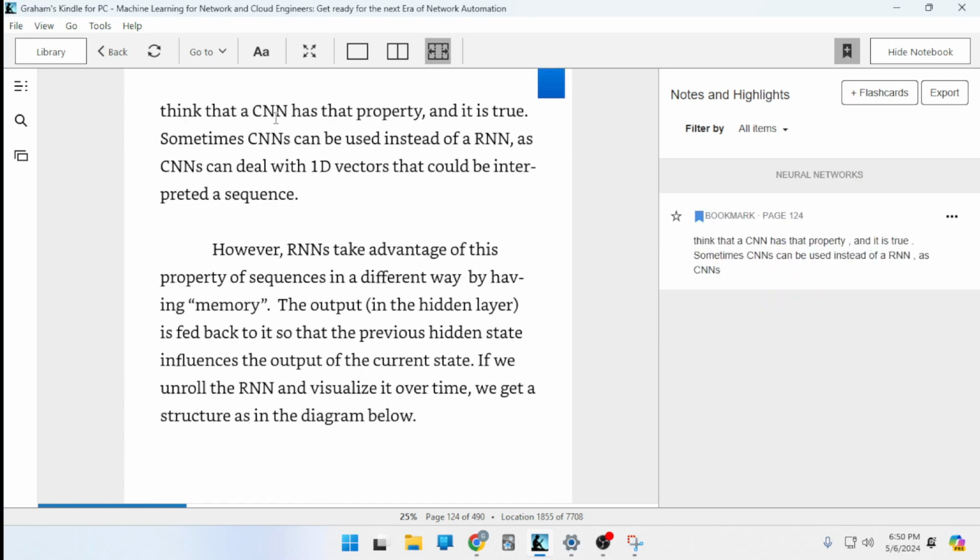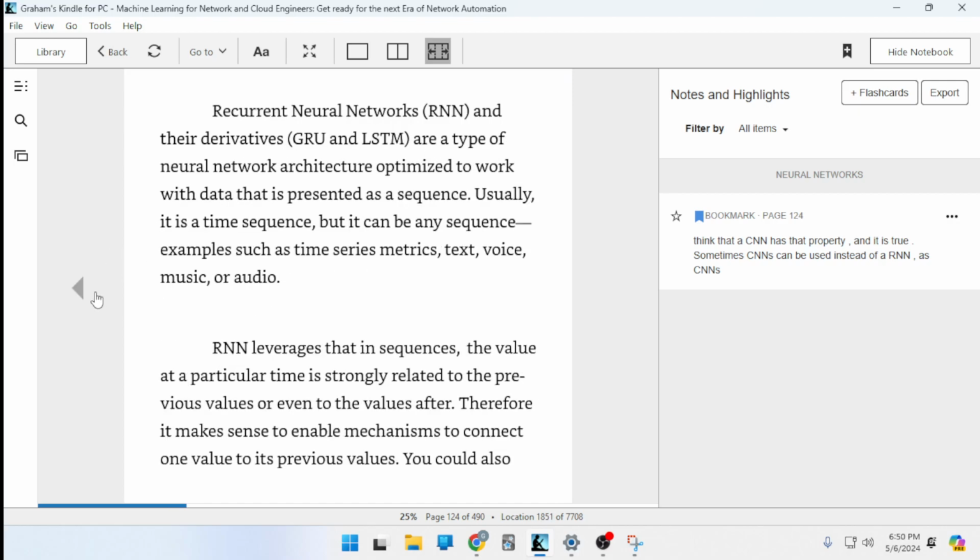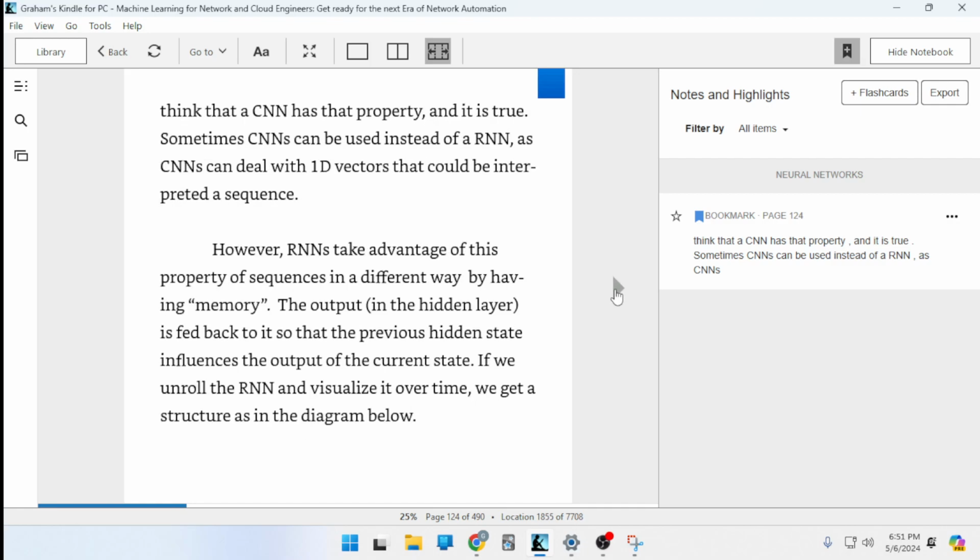You could also think that a CNN, which is a convolutional neural network, has that property, and it is true. Sometimes CNNs can be used instead of a recurrent neural network, RNN, as CNNs can deal with 1D vectors that could be interpreted as a sequence.